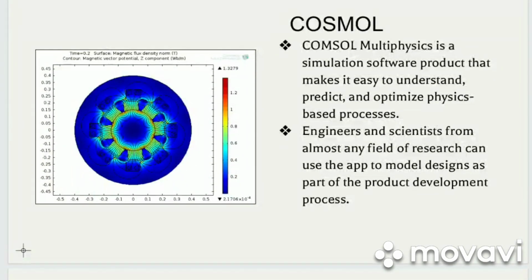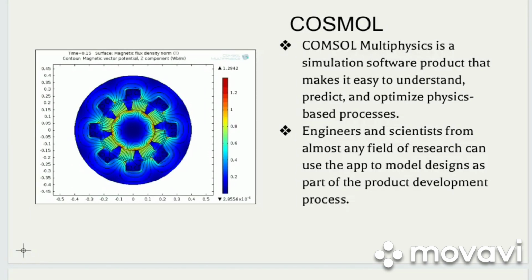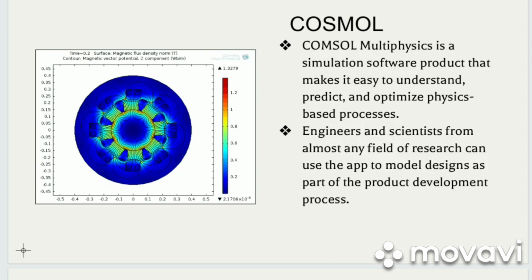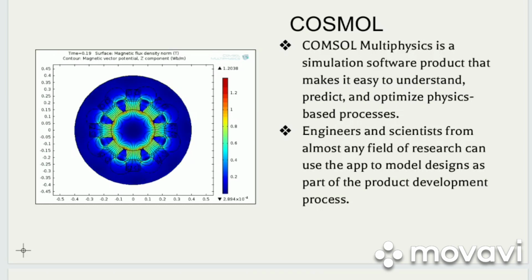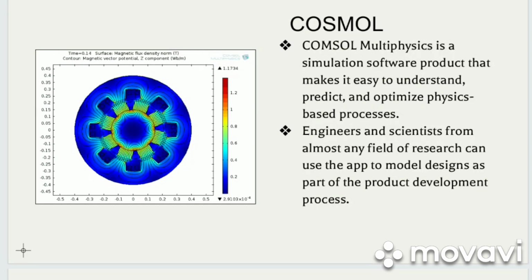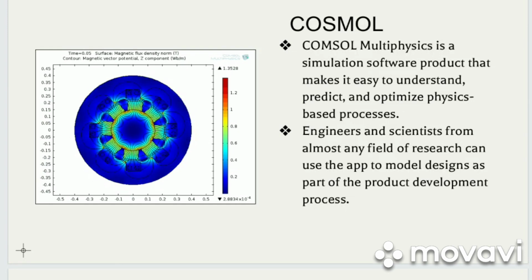Now this is COMSOL Multiphysics, a multi-physics simulation software, and we can do many different things with it. Here I have shown an example of electric motor simulation. There is a motor, let's say, in electric vehicles, and the electric vehicle field is booming.